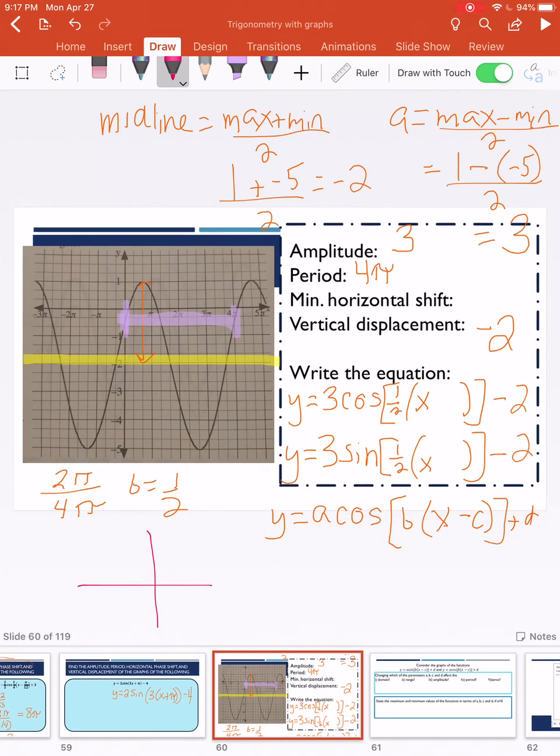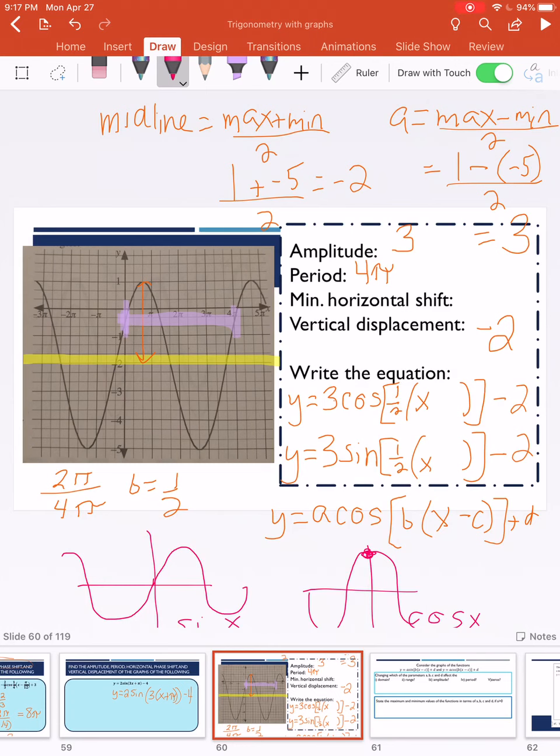So if you remember at the beginning of the lesson yesterday, we drew those original sine graphs and cosine graphs. My sine graph looked like this. It started at the midline, and then it went up. My cos graph looked like this. It started at the maximum point, like so.